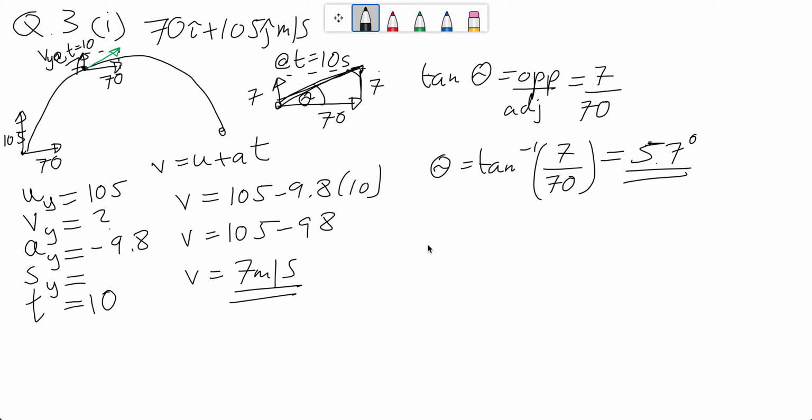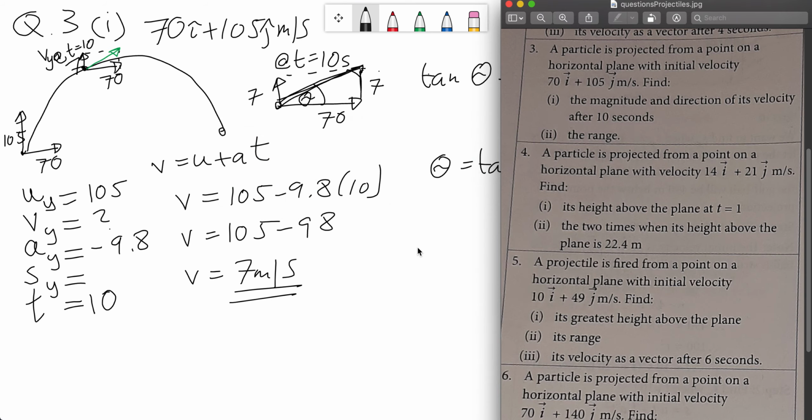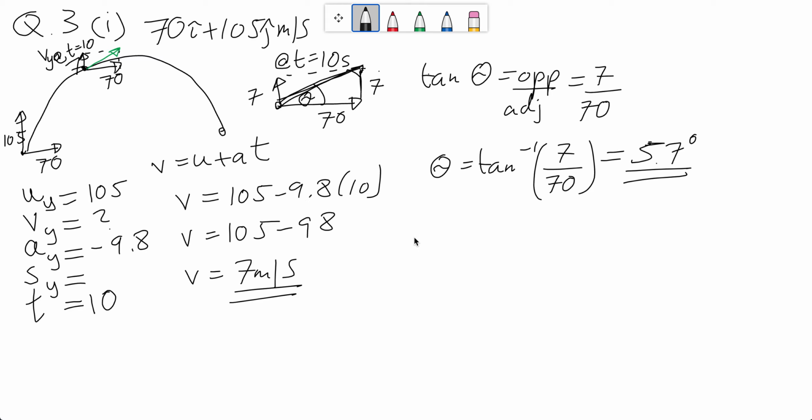Now that tells us the angle is 5.7, but we were also asked for the magnitude, and direction. We know the direction now for 10 seconds. But what's the magnitude? Remember, this is a right angle triangle, with 7 on that side and 70 on this side. So I can apply Pythagoras.